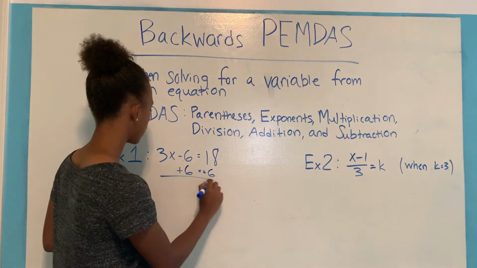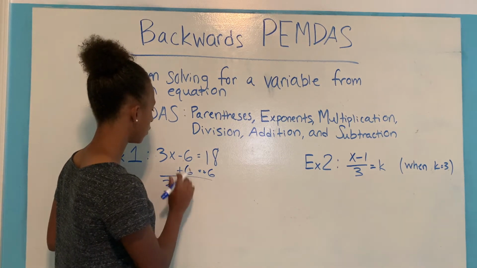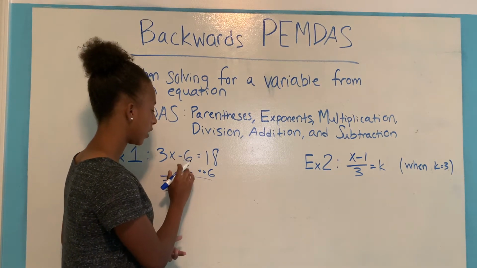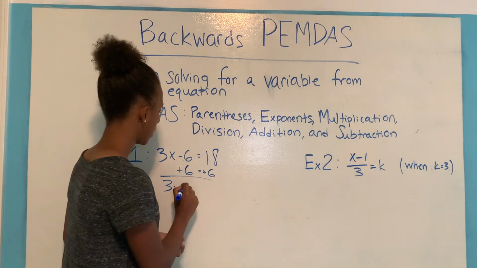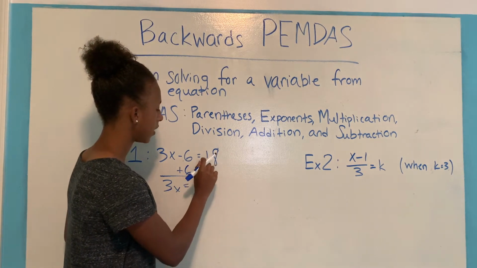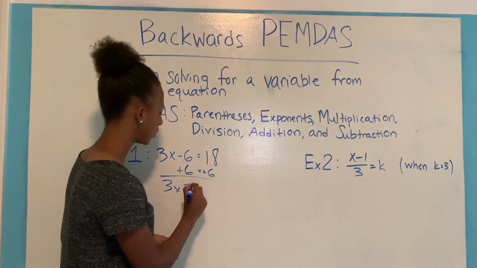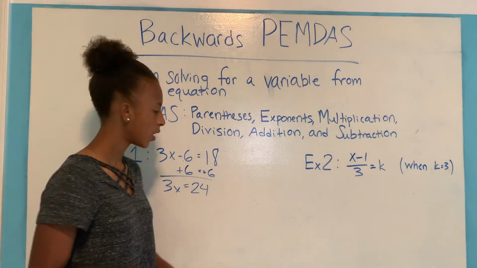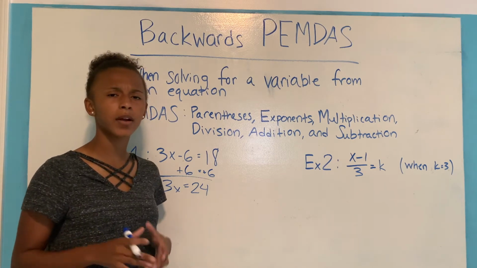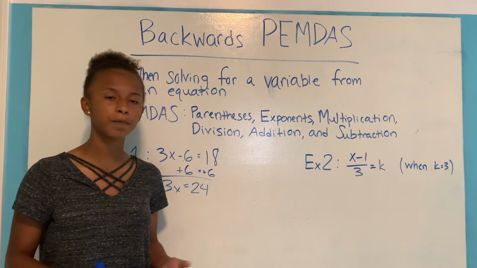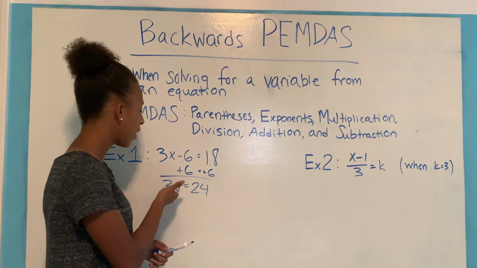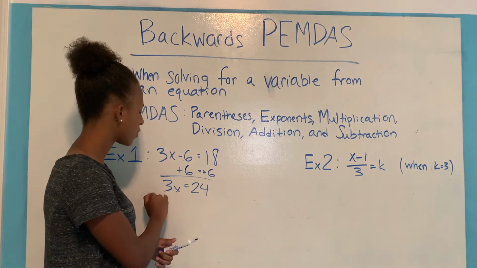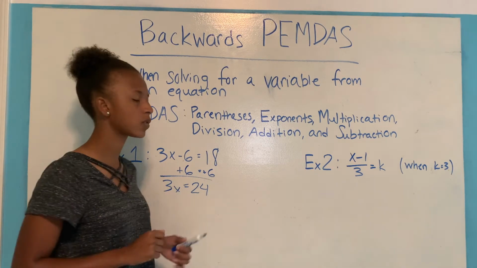So if you finish this out, it's 3x, and then you cancel this out because negative 6 plus 6 equals 0. And that just equals, so then you add 18 plus 6 on this side, which equals 24. Alright, so remember what I kept saying about how you want to get that x alone, right? So in this case, you see it's 3 times x equals 24.